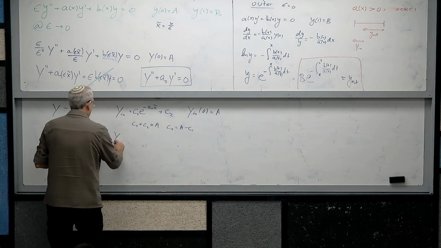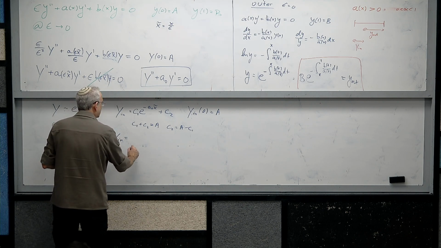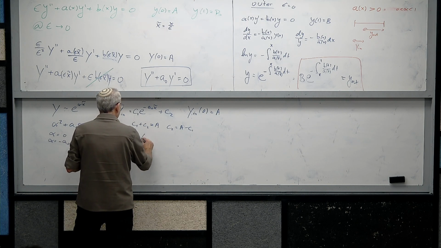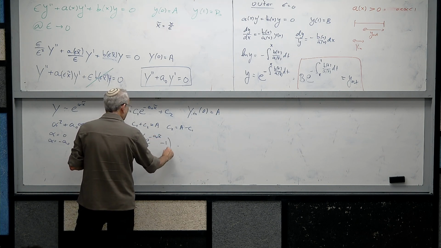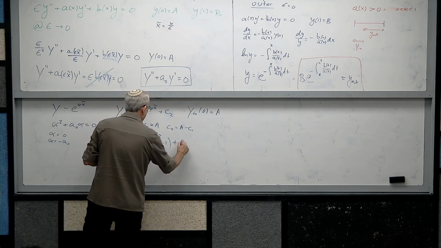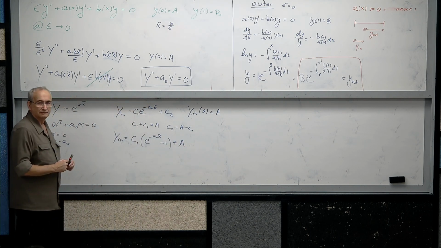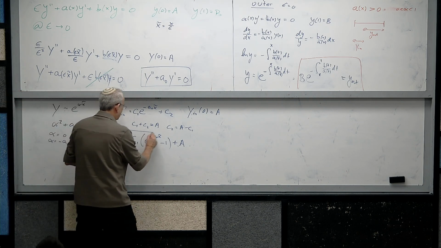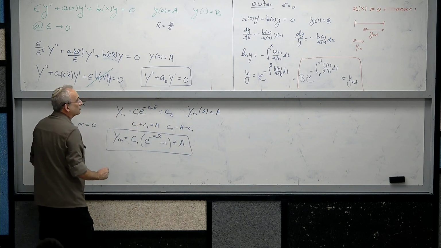So I can write y in as C1 times (e to the minus a naught x tilde minus 1), I guess, plus a. Okay? So this is the general form of the inner solution.